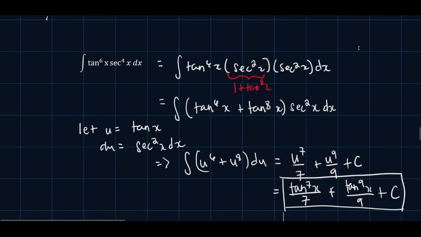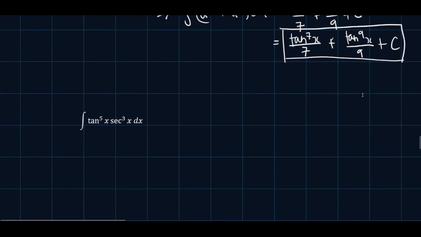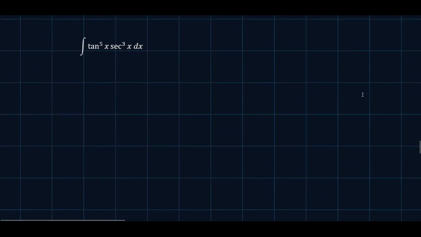Okay, now for our last example, we have this one, the integral of tangent to the 5th x times secant cube x dx. Okay, this falls under case 2 again. So what we do is we separate a factor of secant x times tangent x.